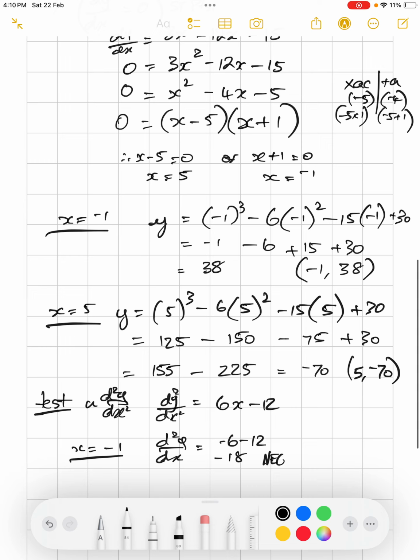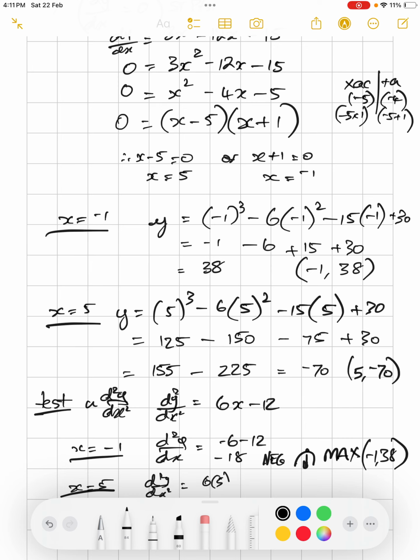Since it's negative, we've got a concave down curve, so it's a maximum at negative 1, 38. And when x is 5, we put a 5 in 6x, 6 times 5 is 30, minus 12 is 18. It's positive, so it's concave up. It's going to be a minimum at 5, negative 70.